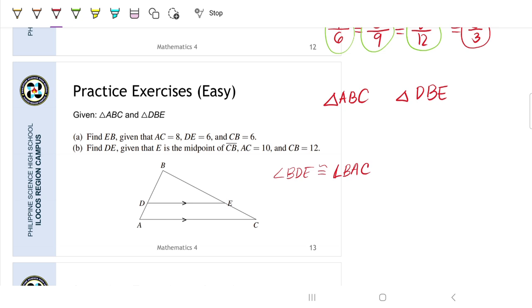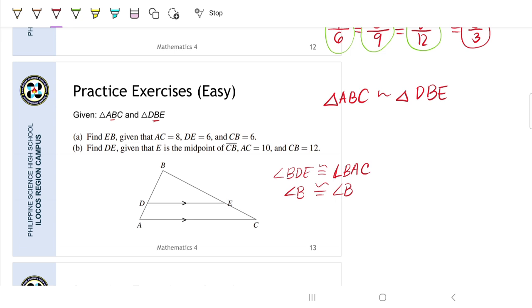And then for the two triangles, pareho silang merong angle B. So angle B is congruent to angle B by reflexive property. Therefore, we can say that by AA corollary, the two triangles ABC and DBE are similar. Okay? Since similar triangles sila, the corresponding pairs of sides should be proportional.